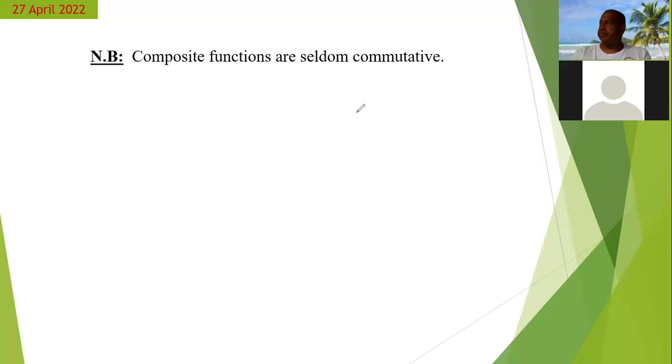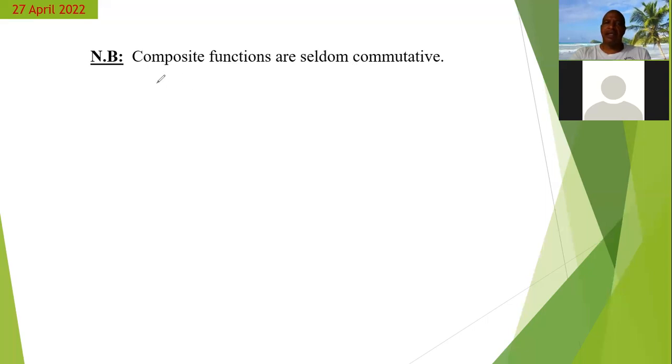What is it saying? Seldom here means sometimes. They are rarely commutative. That means they can be commutative, but they are not always commutative.